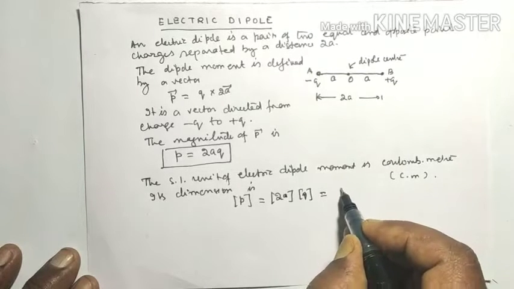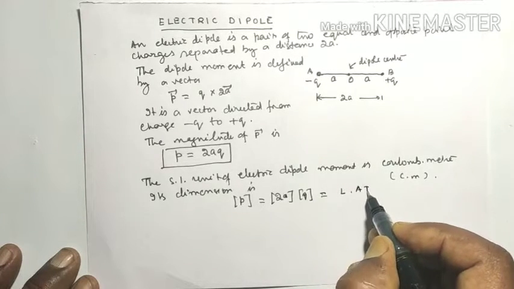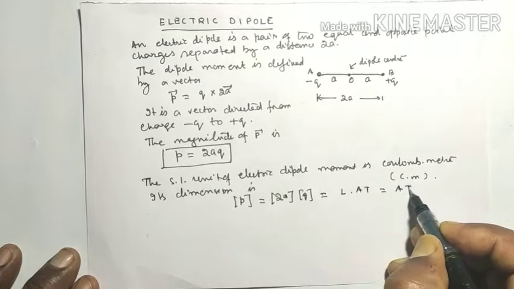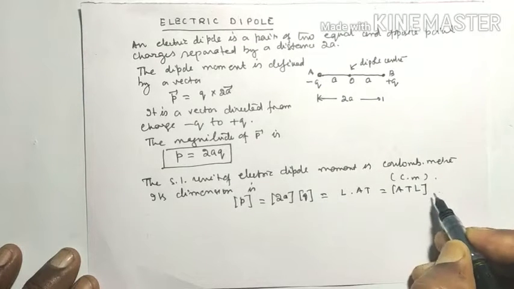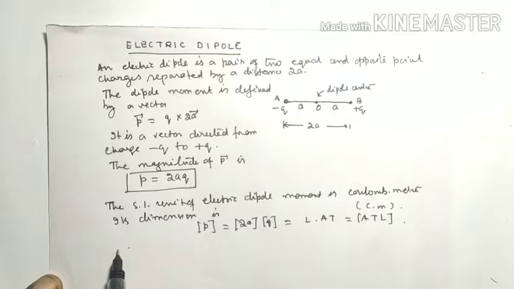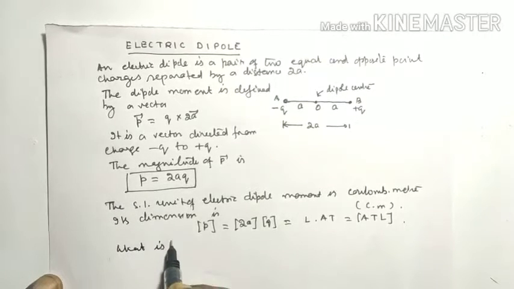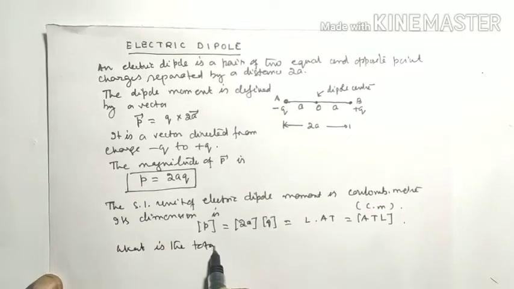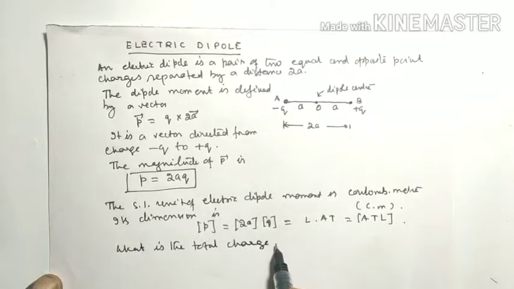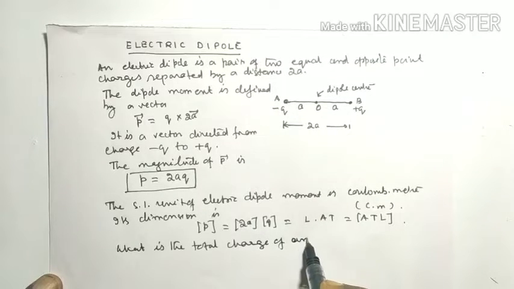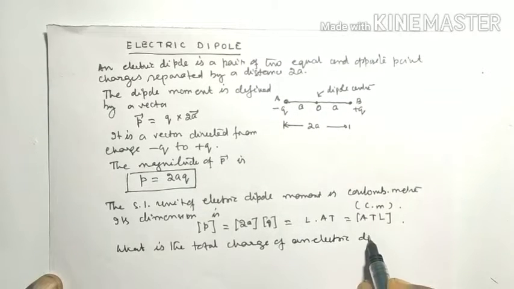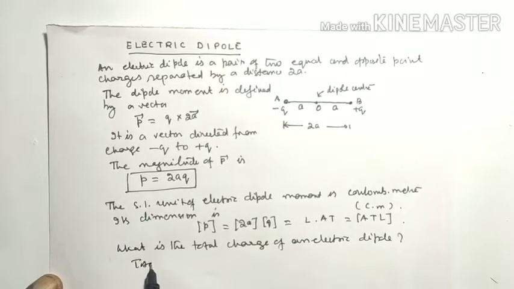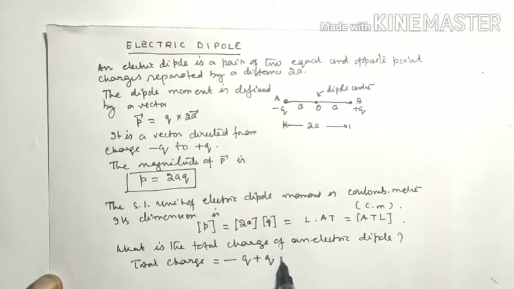Dimension of 2a is L and dimension of charge is AT, or you write that is ATL. This is the dimension. Now, what is the total charge of an electric dipole? Total charge, that is minus q plus q, is equal to 0.